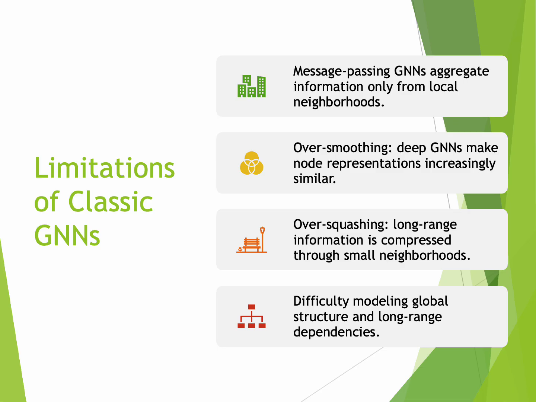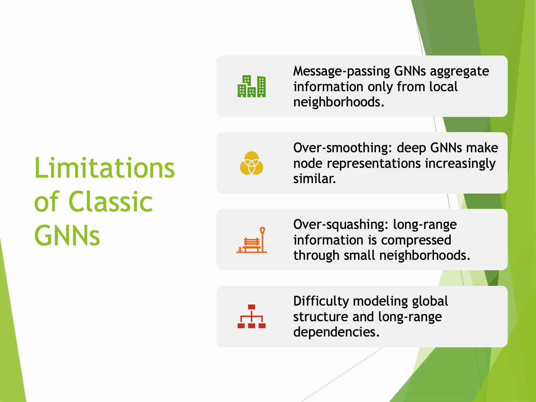Second, GNNs can suffer from oversquashing, where information from far away nodes gets compressed through a narrow neighborhood. And overall, they struggle to capture truly global patterns in large graphs. These issues motivate the development of graph transformers.